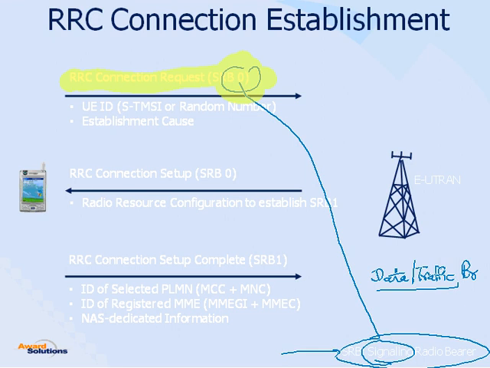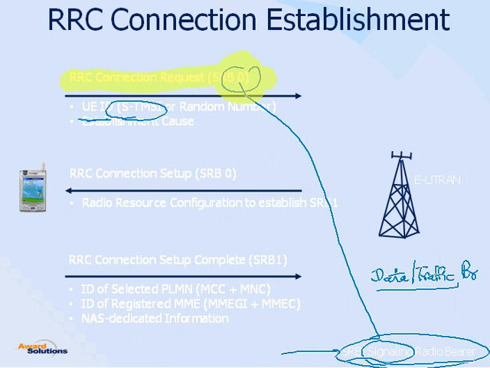So whenever we are sending a signaling message, we are using some sort of signaling radio bearer. So SRB number 0 is for this common channel in the uplink, the RRC connection request. And here we will provide some sort of identity from the non-access stratum. If we have a valid S-TMSI, we will use that.